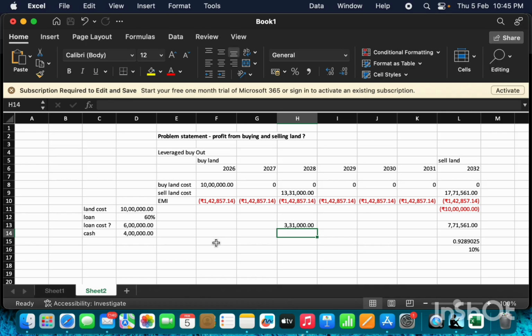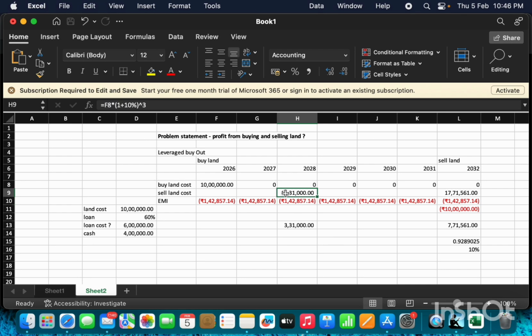Does that make sense? It does not make sense, because 4,28,000 is something that is pending with the bank, and I am making a gain of 3,31,000 only, right? So I'll be in a negative. I still have to pay the bank from the pocket. So this does not make any sense.